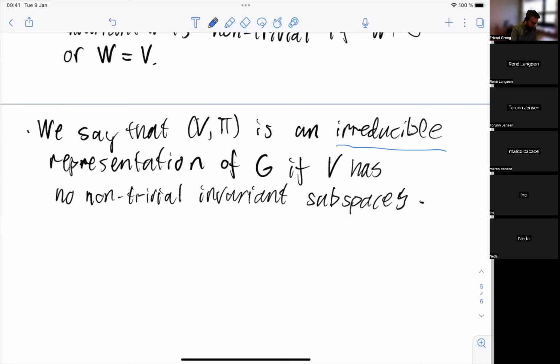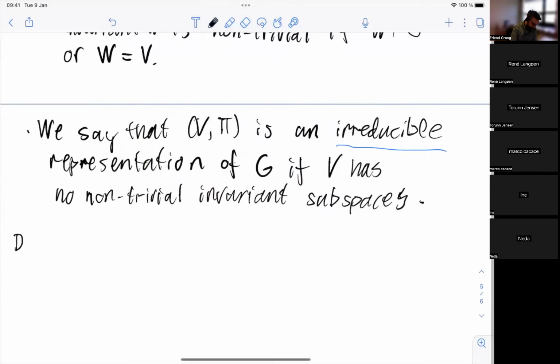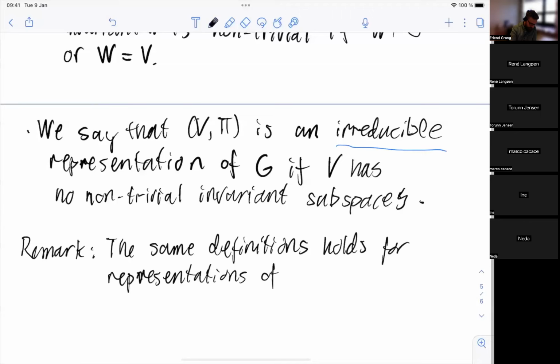Remark: the same definitions hold for representations of the algebras.